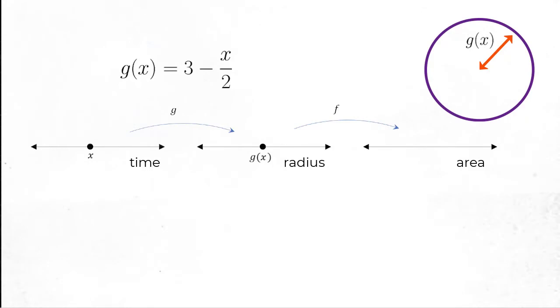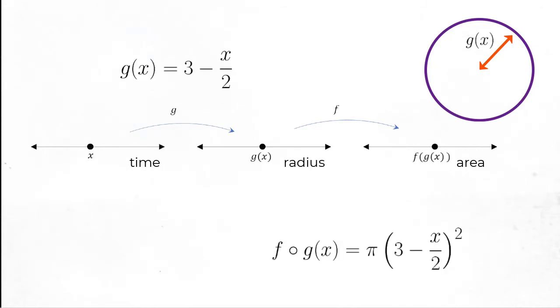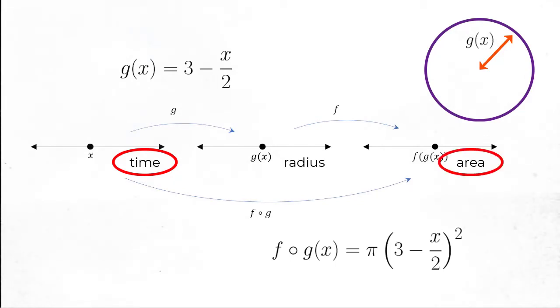And now we're going to compute the area corresponding to that radius. And that is going to be pi times that radius squared. This function is the function that transforms time into area. At any time, we know the area of the circle at that time.